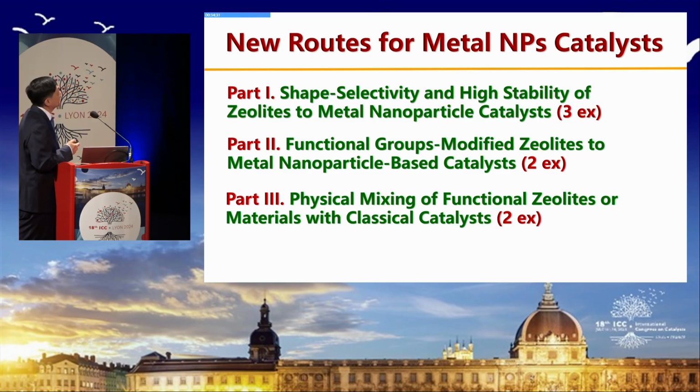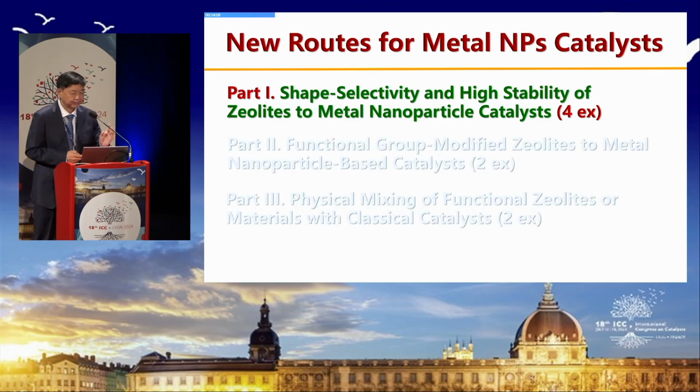Here I show 3 examples. In part 2, I show you functional group-modified zeolite to give zeolite nanoparticle-based catalysts. Here I show you 2 examples. Part 3 shows the physical mixing of functionalized zeolite or material with classical catalysts. Here also 2 examples.